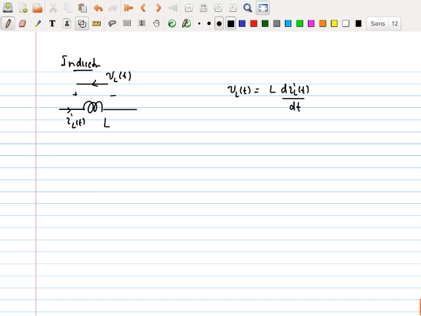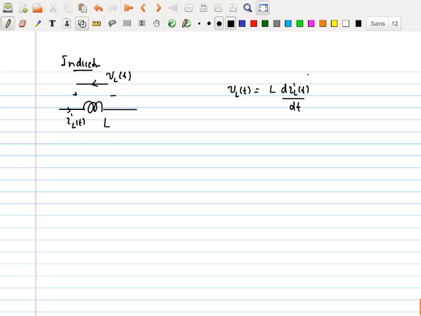Again, you may not have seen this. We will make sure somebody comes and teaches you how they obtain this from basics. But this is the expression you would use to interconnect VL and IL with the inductance value L.